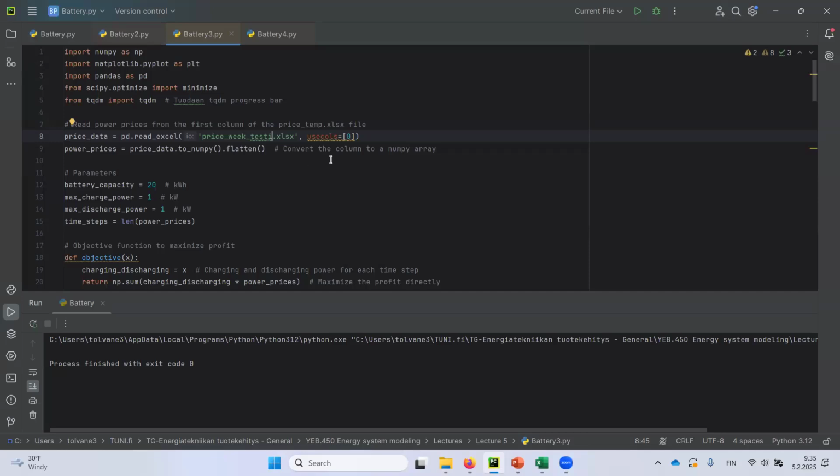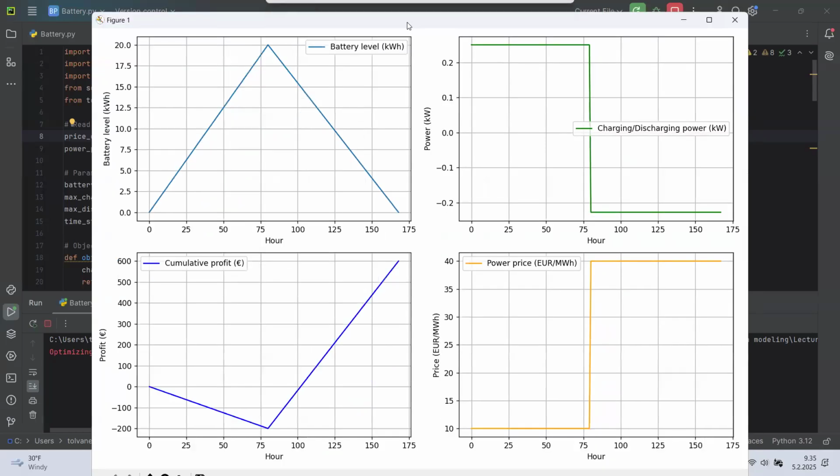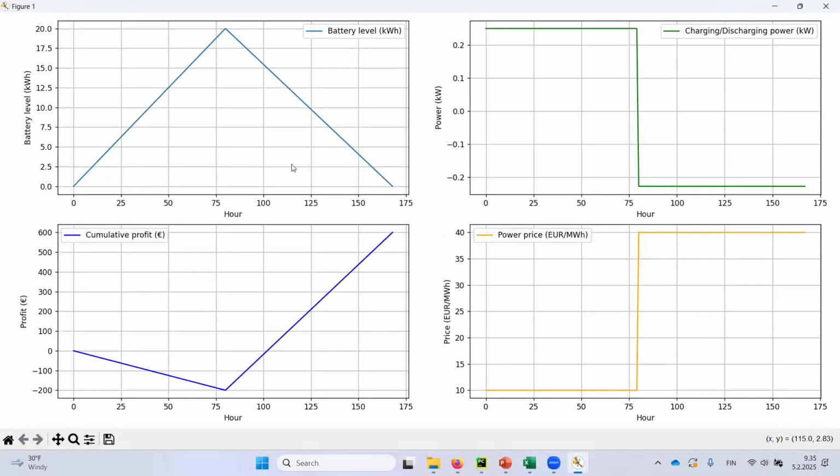So let's try the rolling horizon version. In here, it's pretty much the same, but the optimization algorithm decided, rather than using this really fast and high discharge, to make a smaller ramp.